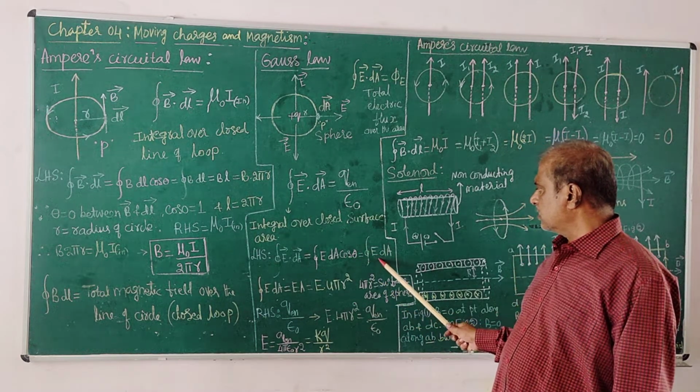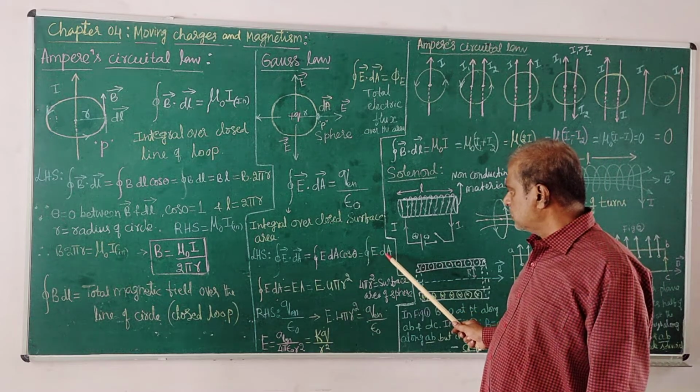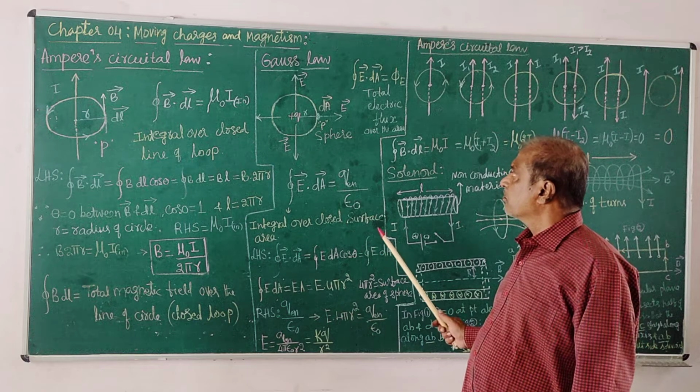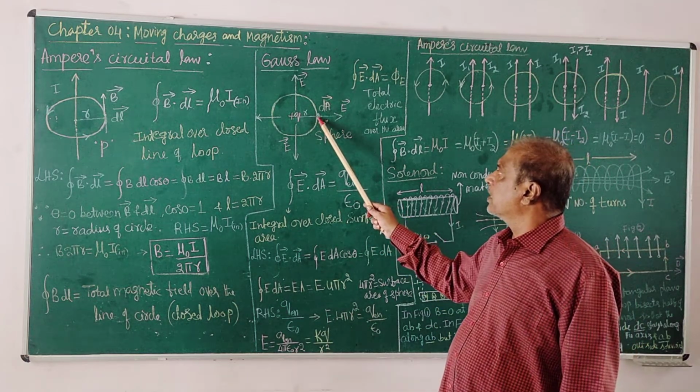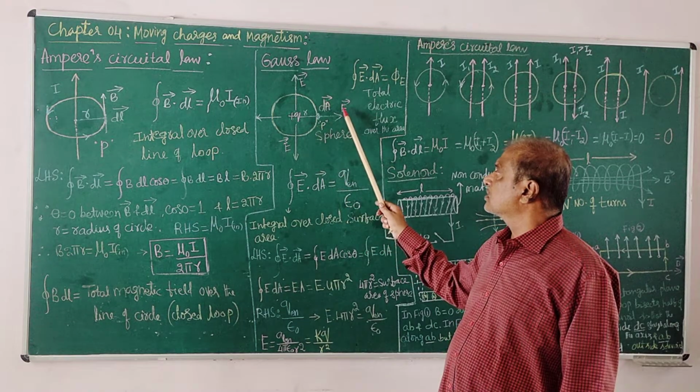Finally, it is the integral of these two functions. Among these two functions, the electric field is a constant. If you take the electric field at any point on the spherical surface, it remains constant.